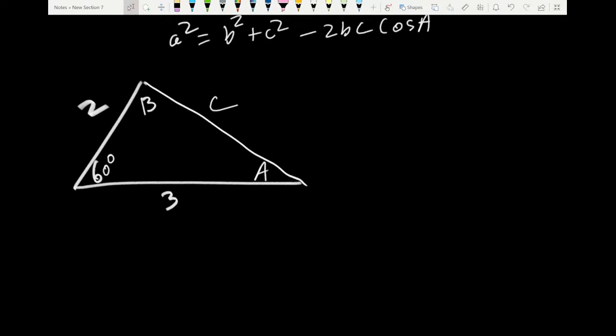All right, so this is pretty simple. Let's figure out this side first. So C squared equals 2 squared plus 3 squared minus 2 times 3 times 2 cosine of 60 degrees.